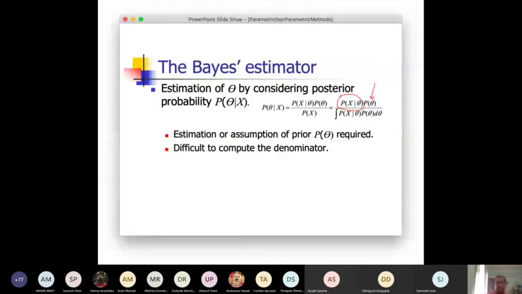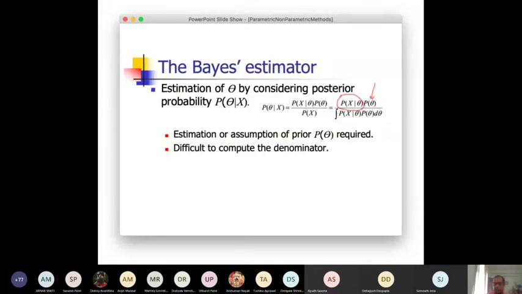The marginal probability computation is much more complex. As you can see, we have to compute this particular integration or summation of these factors. That means the joint probability of the data and its corresponding parameter value.